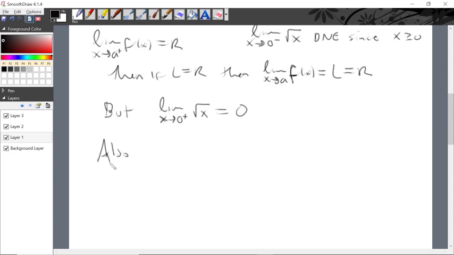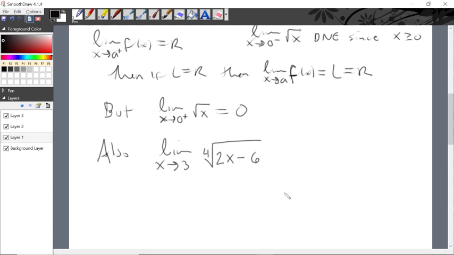Also, to continue to demonstrate this idea, what if we had the limit as x is approaching 3 of the fourth root of 2x minus 6?